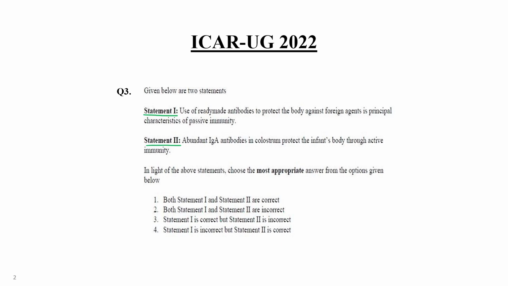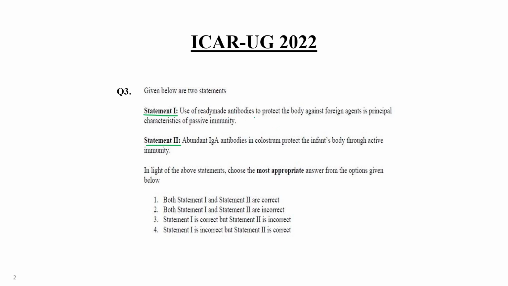Statement 1 is correct while statement 2 is incorrect. 1 is incorrect but 2 is correct. So, what is your answer?